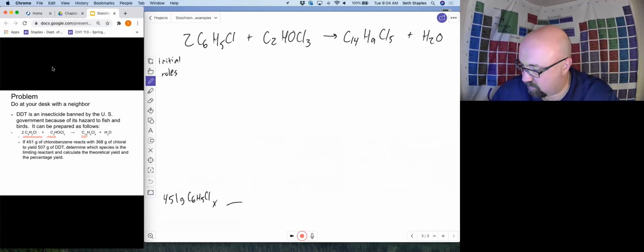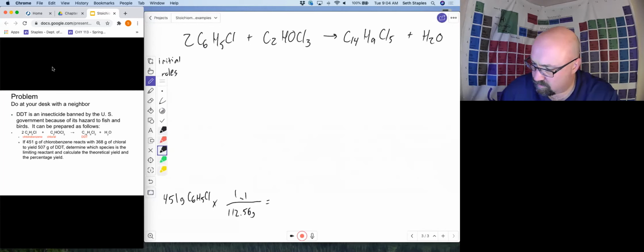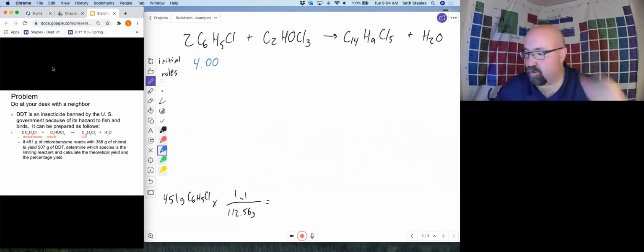That was 112.56. So 451 divided by 112.56 gives me an initial moles of my chlorobenzene of 4.00 moles.